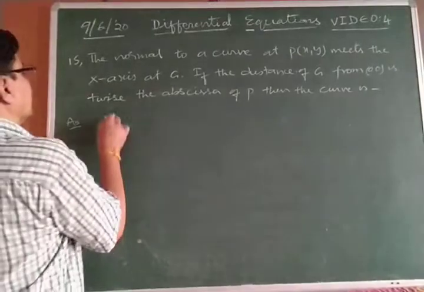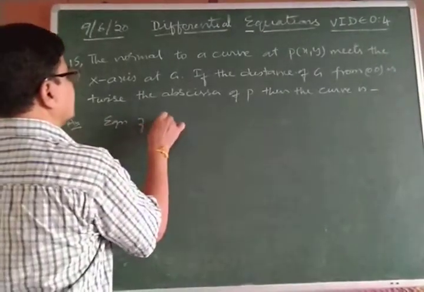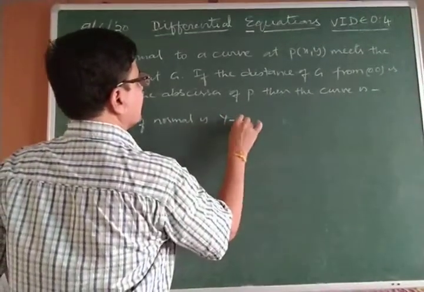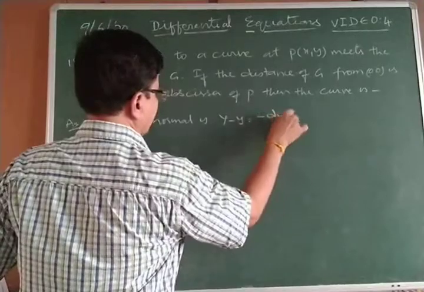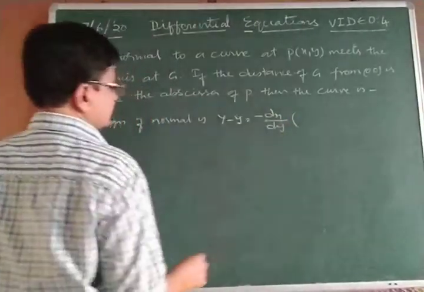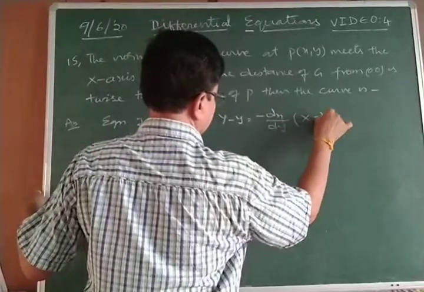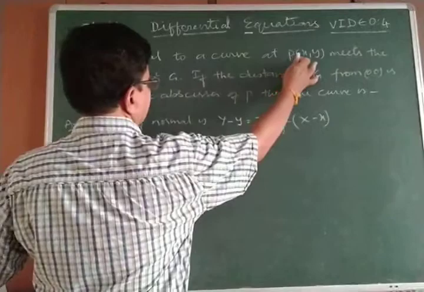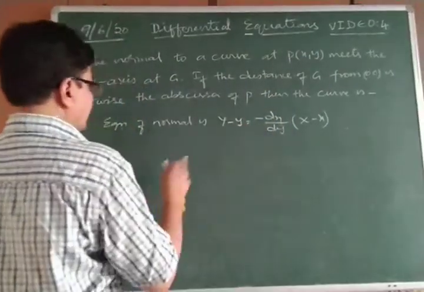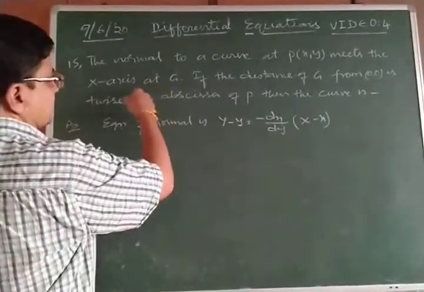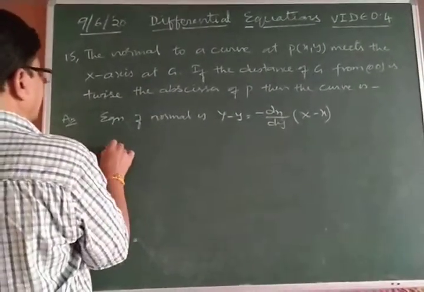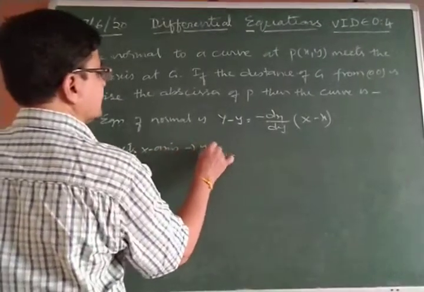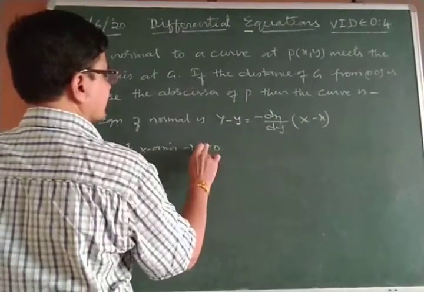The equation of the normal is Y - y = -(dx/dy)(X - x). This is the equation of the normal to the curve passing through P(x, y). If this meets the x-axis at G, that means Y = 0.